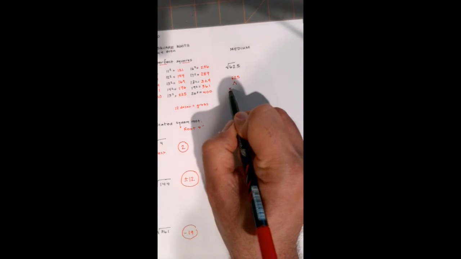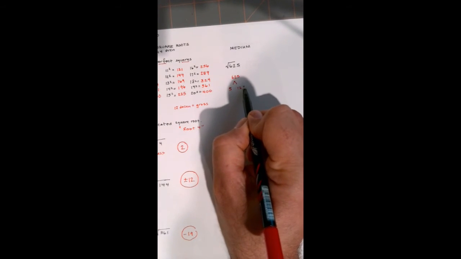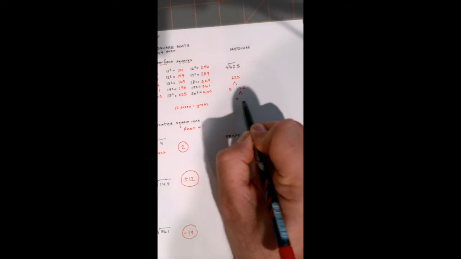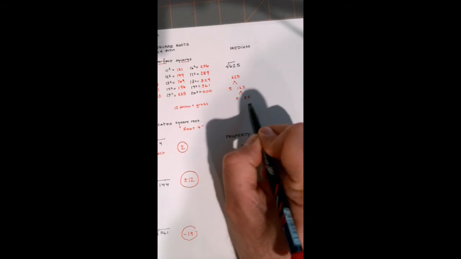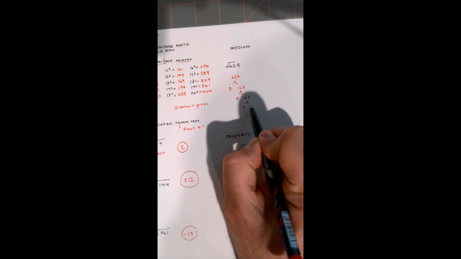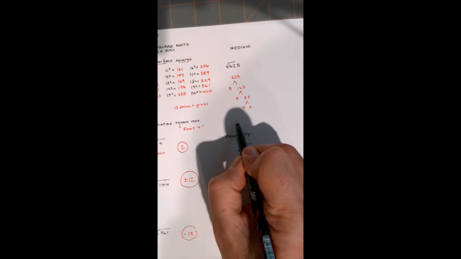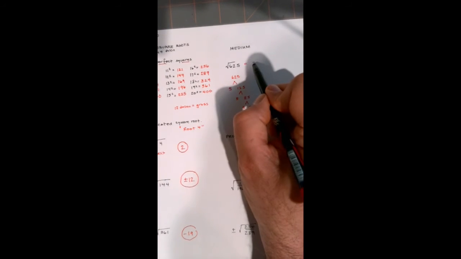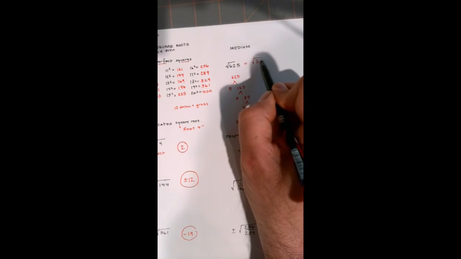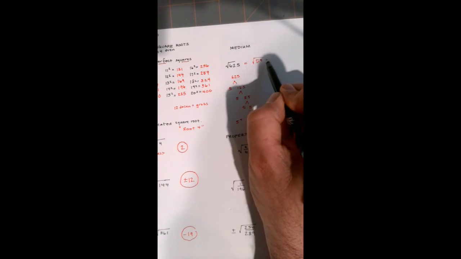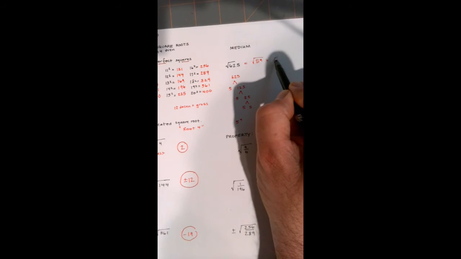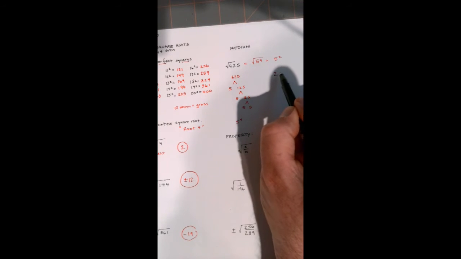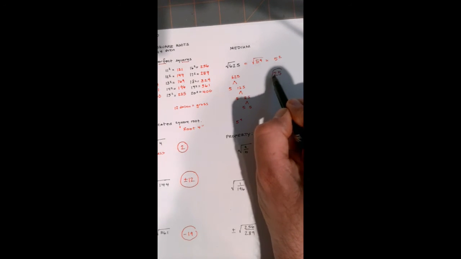So I know that it's 5 times 125, which tells me that is 5 times 25. So here I have 5 and 5, so I get 5 to the 4th power. So this would be root 5 to the 4th power, which would be 5 squared. So the square root of 625 is 25.